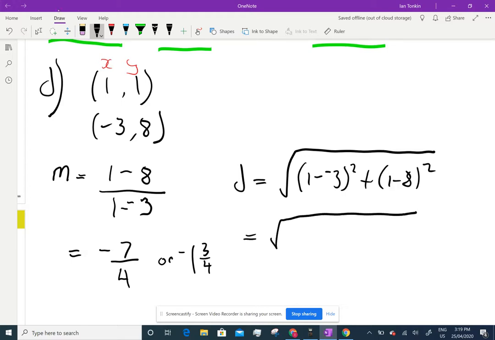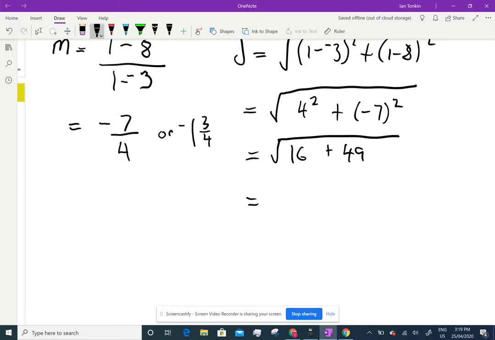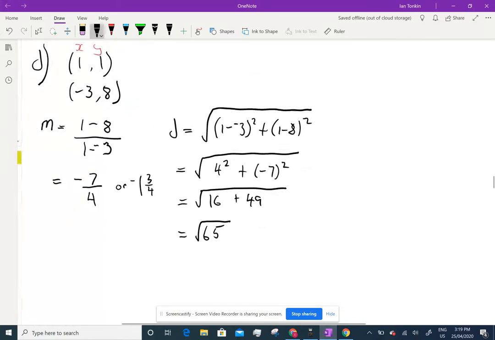So that'll give me 4 squared plus negative 7 squared, which is the square root of 16 plus 49. 16 plus 49 is 65, root 65. Oh, if only it had been root 66, because that's where I get my kicks.